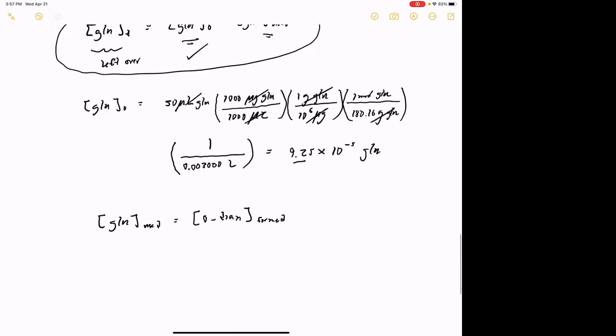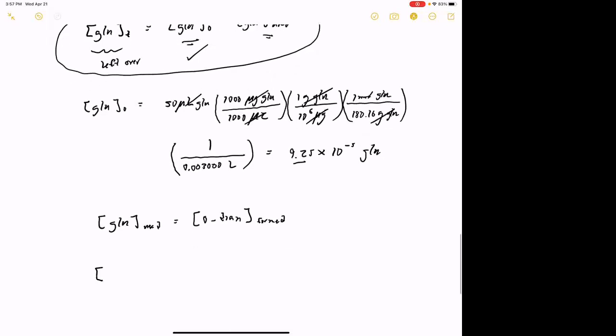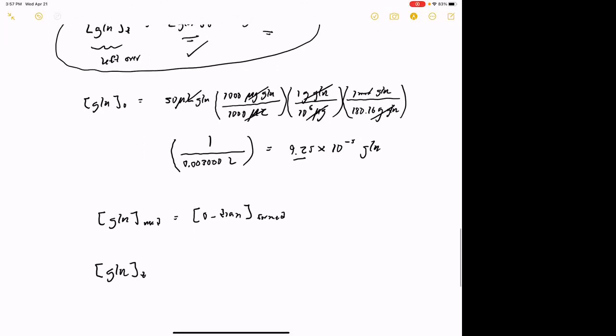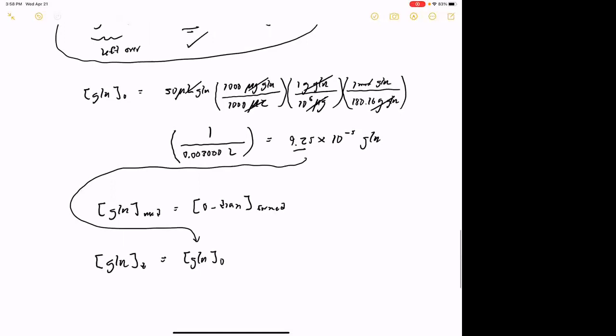So here's how I do it. I'm going to say that the concentration of the glucose at time t, that's what I'm trying to get, is equal to the concentration of the glucose at time 0, which I have, right? We just calculated that. That's this number right here. So that never changes. That just goes right in here. Minus the concentration of the O-dianisidine formed.